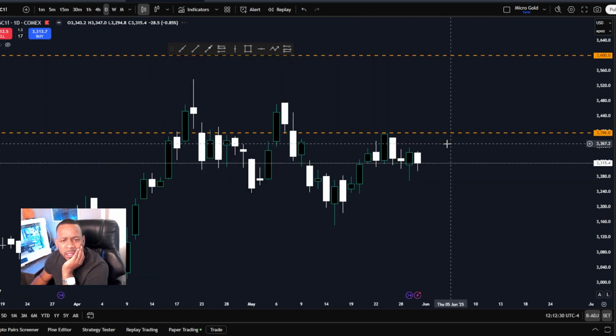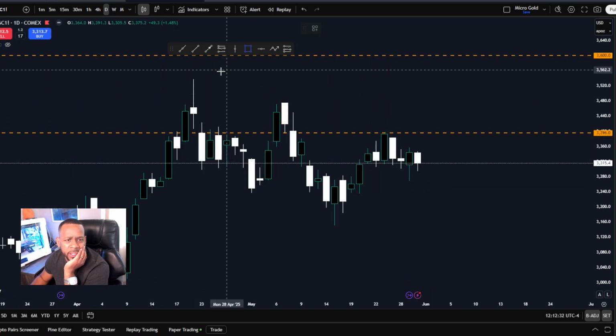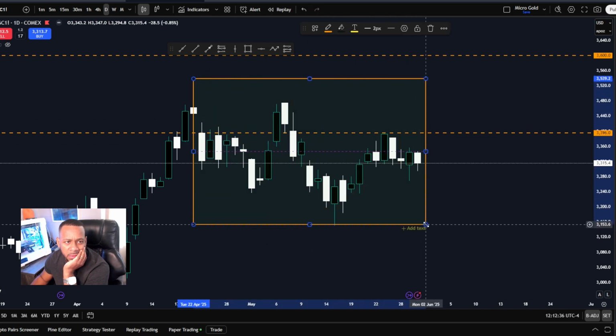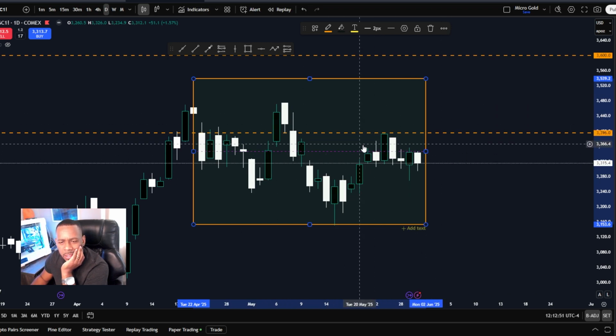Let's go to the daily and let's look at our range again. Break of structure. High, low, structure. Still that high. Candle with no wick. Candle with no wick. Two equal high candles.